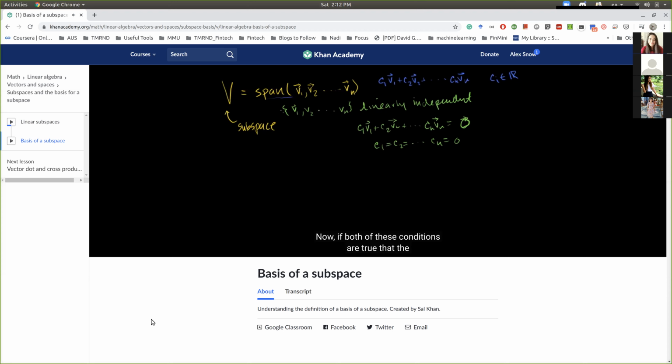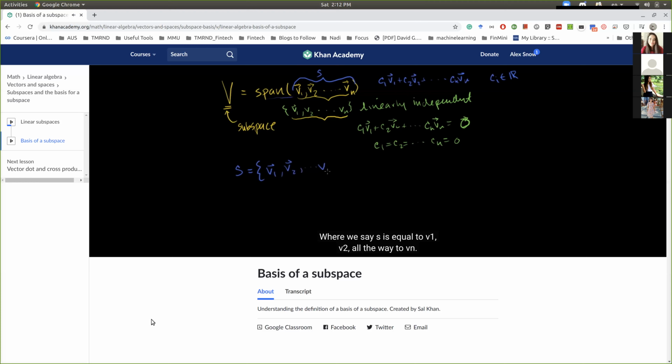Now, if both of these conditions are true, that the span of this set of vectors is equal to this subspace, or spans this subspace, and that all of these vectors are linearly independent, then we could call this set of vectors S, where S is equal to V1, V2, all the way to Vn.